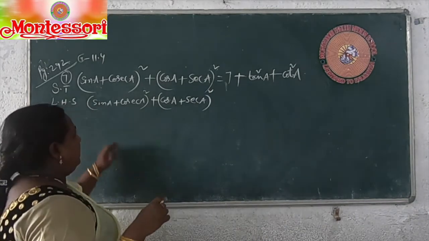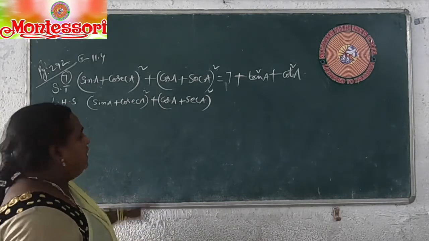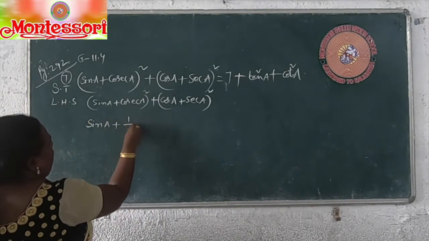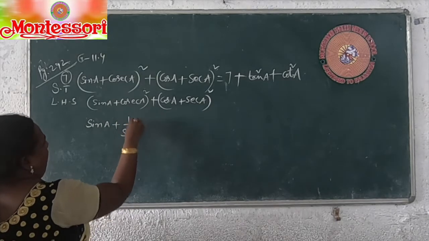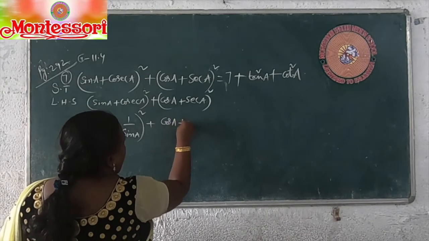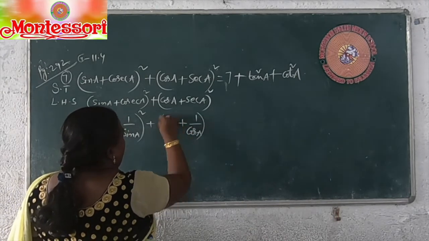Here we want tan and cot, so it is better to convert all into the same ratio. For example, (sin A plus 1 by sin A) whole square plus (cos A plus 1 by cos A) whole square.